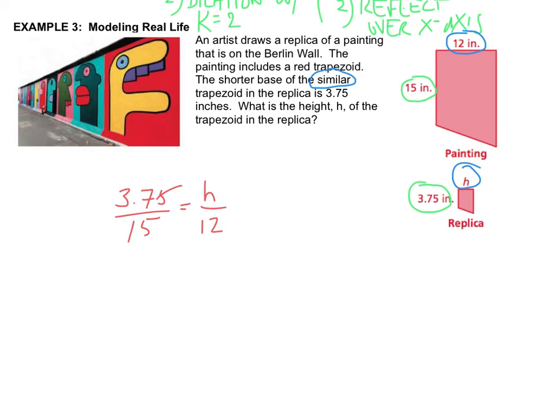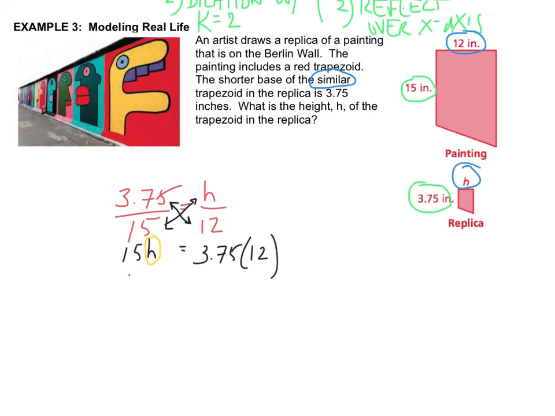So from here, if you recall, we're going to do cross products. So I'm going to do 3.75 times 12 equals 15 times H. Now I have an equation to solve for. As we've talked about solving our equations, we want to get this all by itself to have our final answer.